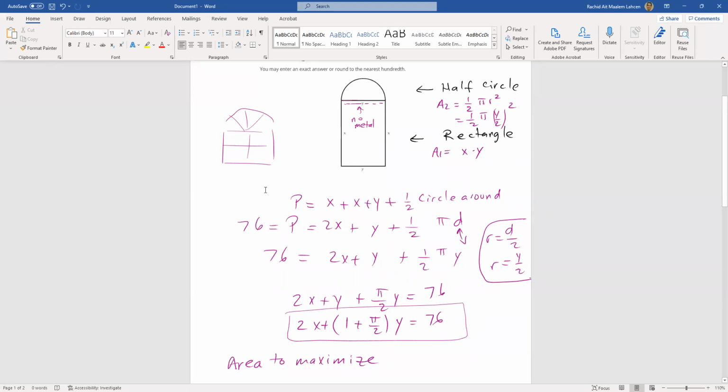So that's going to give us 1/2 times y squared times pi divided by 4. So 1/2 times 1/4 is going to be 1/8. So 1/8 pi y squared is going to be the second area.